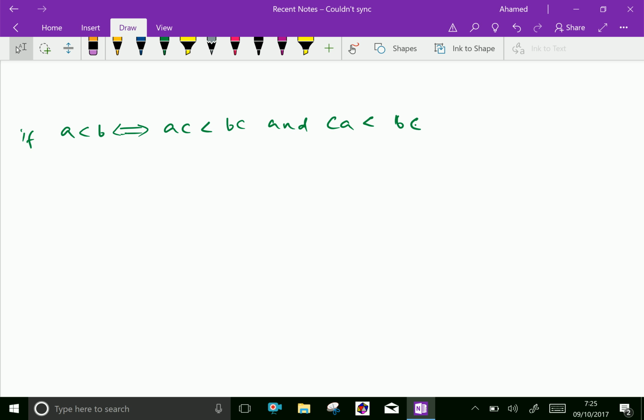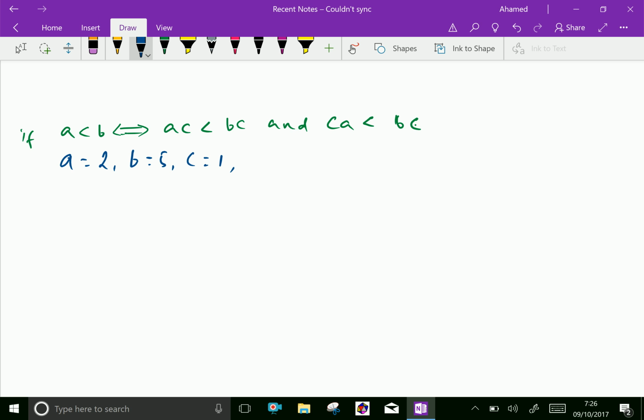Next one, A is lesser than B. Suppose A is 2, B is 5 and C we can take as 1.